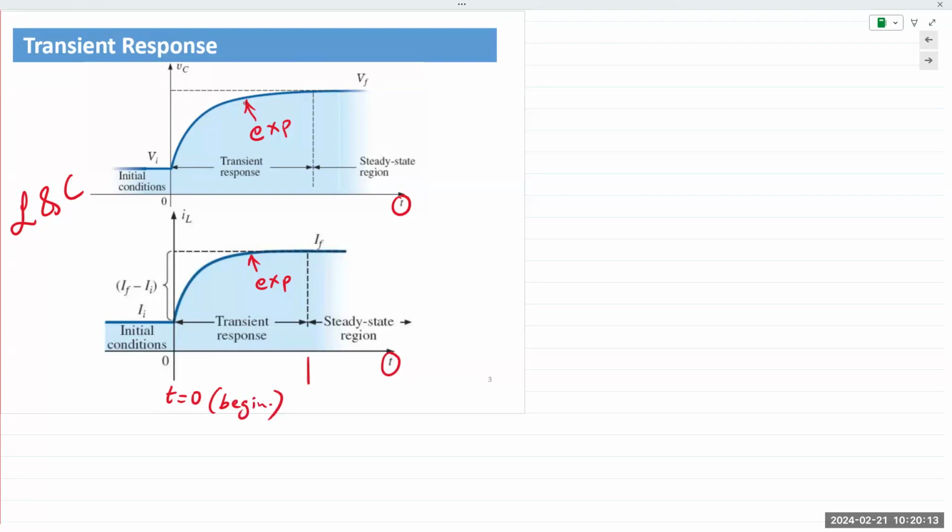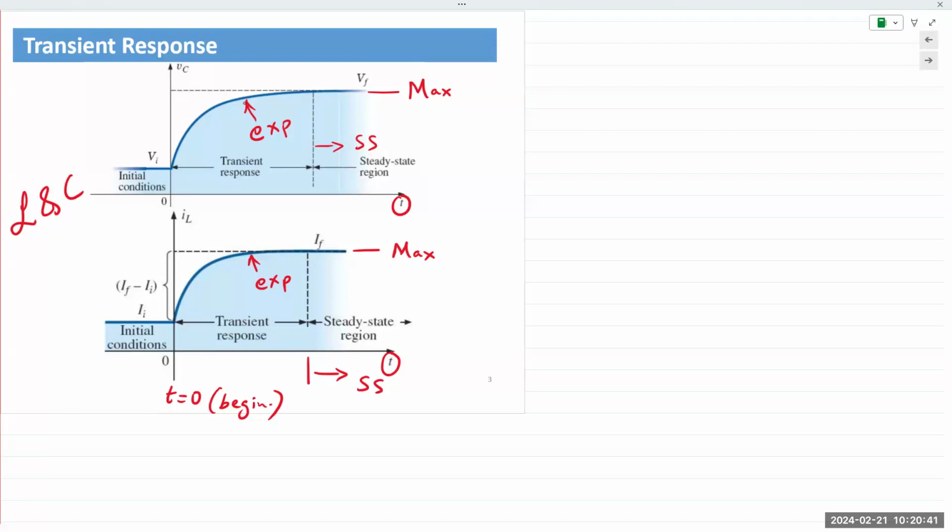Steady state is, of course, the region at which the value is steady with respect to time. And since this is talking about a charging capacitor or a charging inductor, there is a max value associated with the voltage and the current. And the max value would typically be the value of the source.